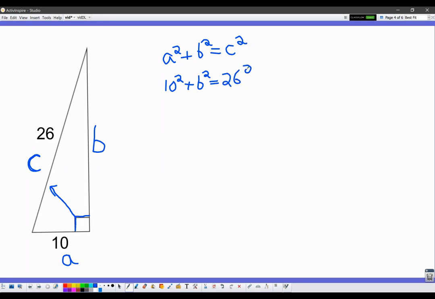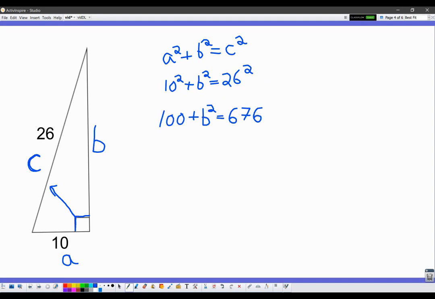So I have 26 squared. Now I need to figure out what these square numbers are. So I'm going to find out 10 squared, 10 times 10, which is 100. Then I have B squared. I'm going to leave that alone. And then I have 26 squared, which gives me 676.